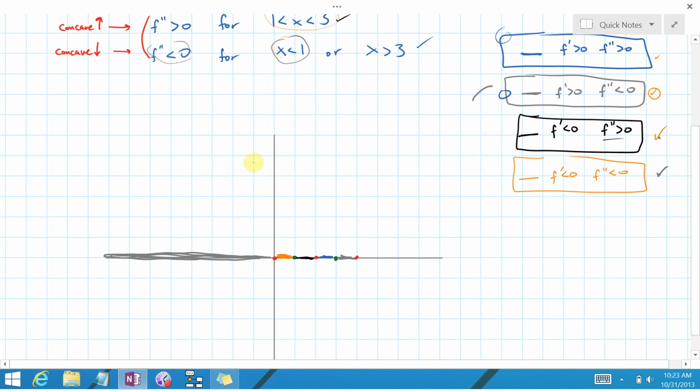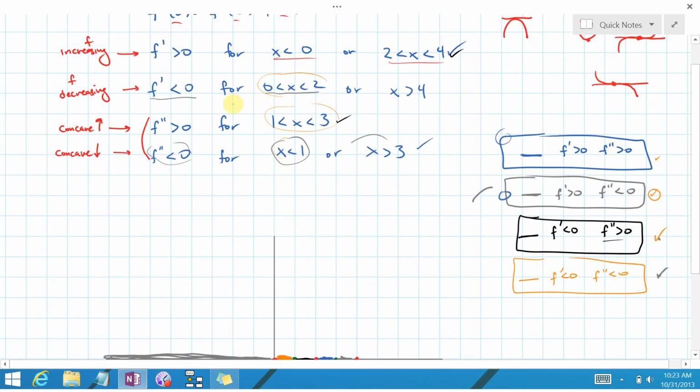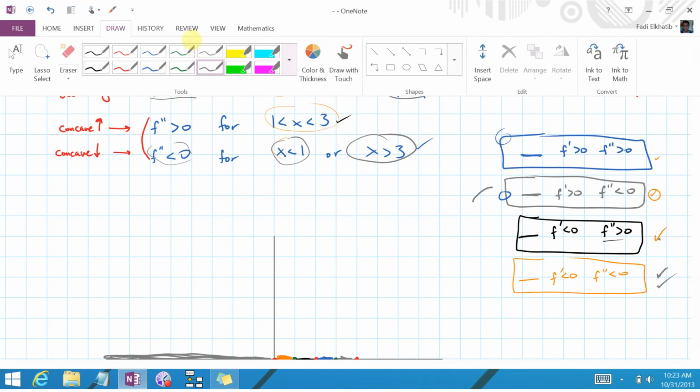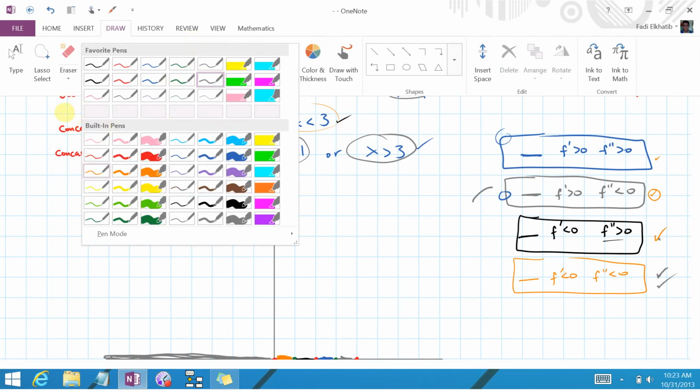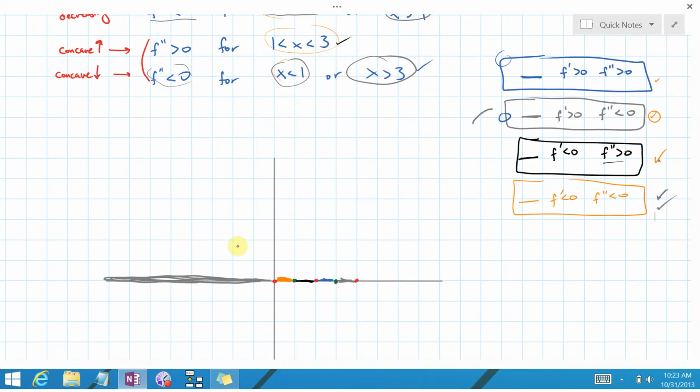And then finally, when I'm bigger than 4, my f double prime is negative, and so is my f prime. So that puts me back in the orange situation. The rest of the way. There we go. Just like that.